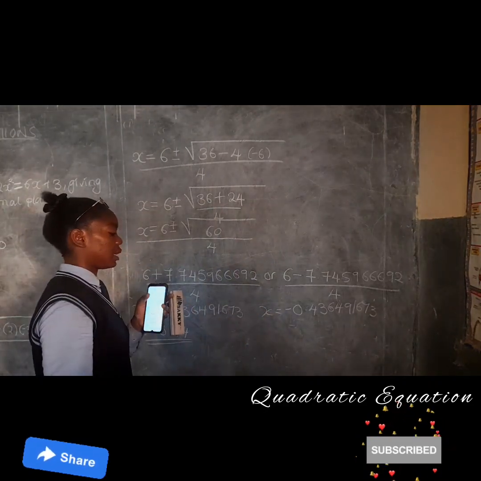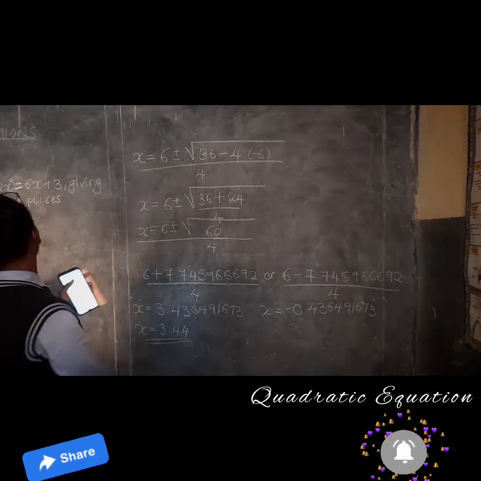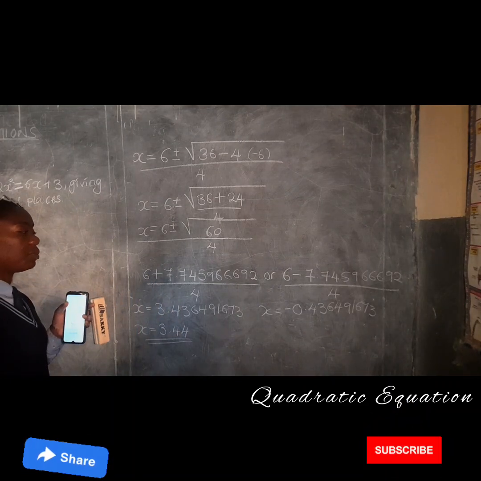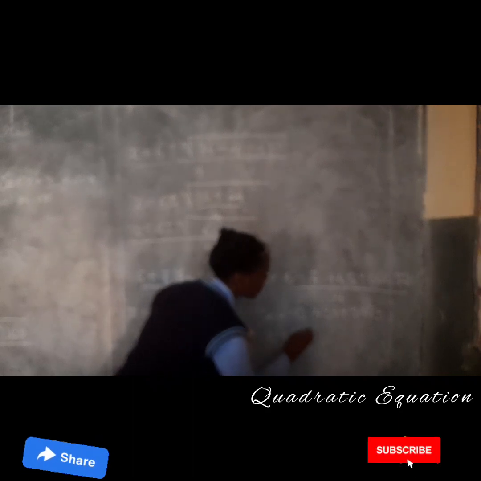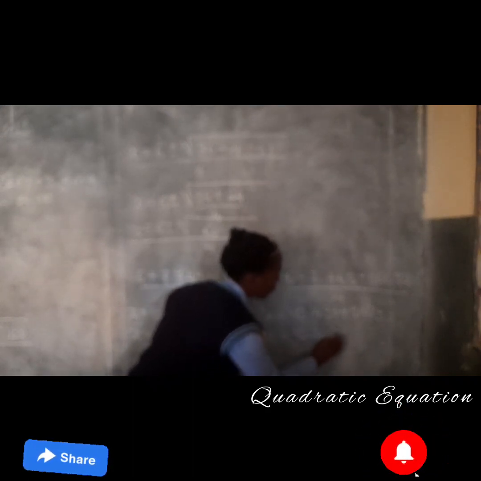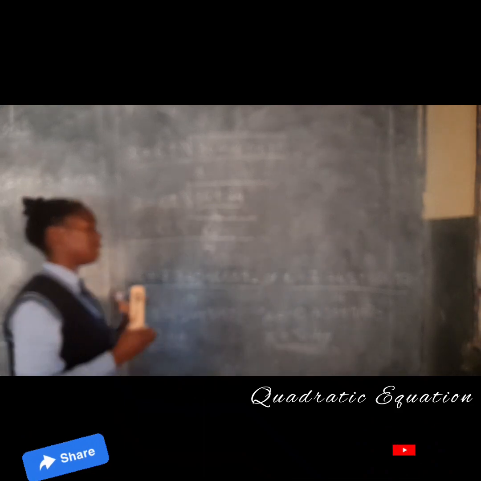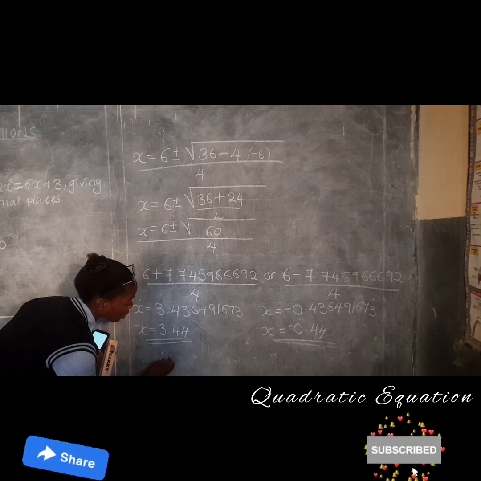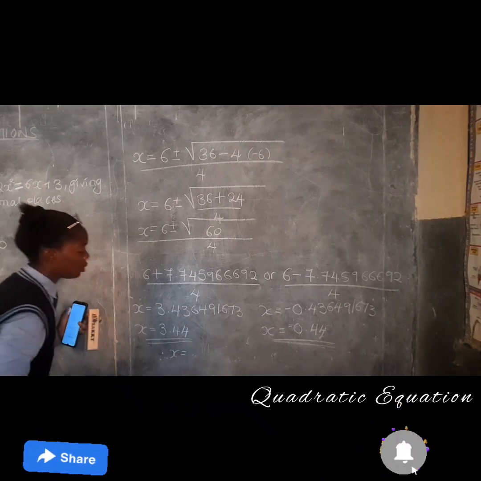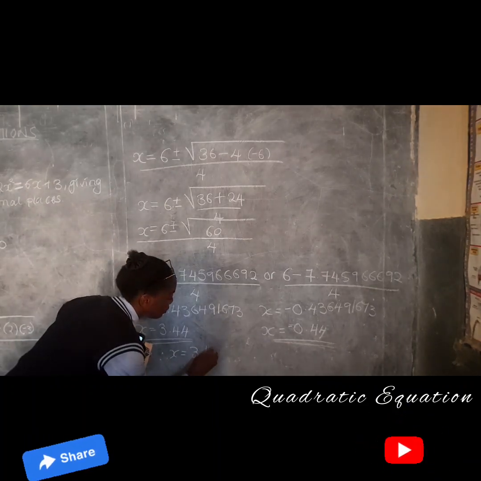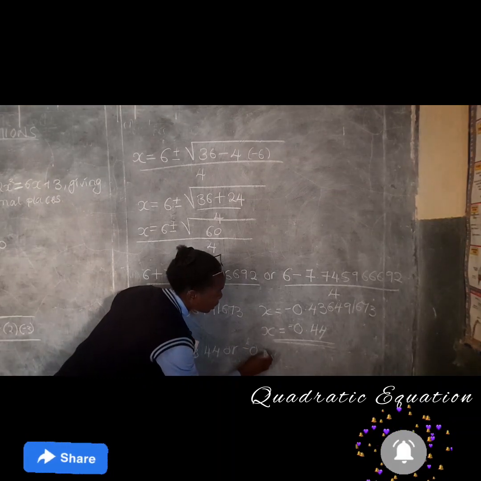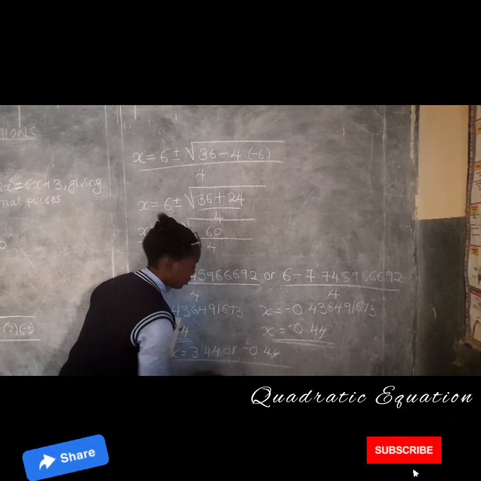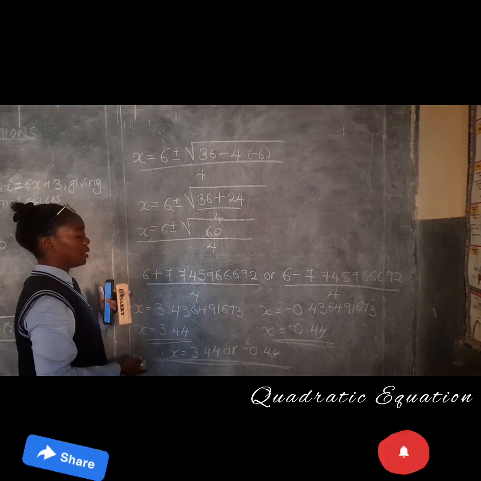And we shouldn't forget, our question says we're supposed to write our answer correct to 2 decimal places, and this is not in 2 decimal places, so we're going to correct it, which is going to give us negative 0.44. So therefore x is equal to 3.44 or negative 0.44. And we found our final answer.